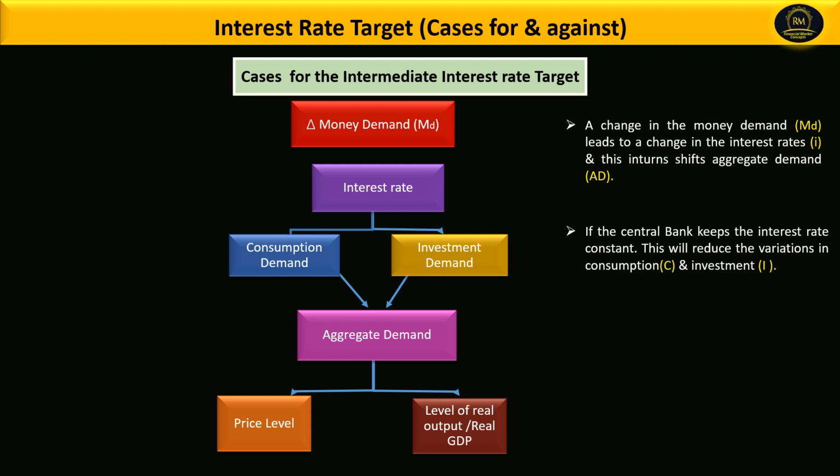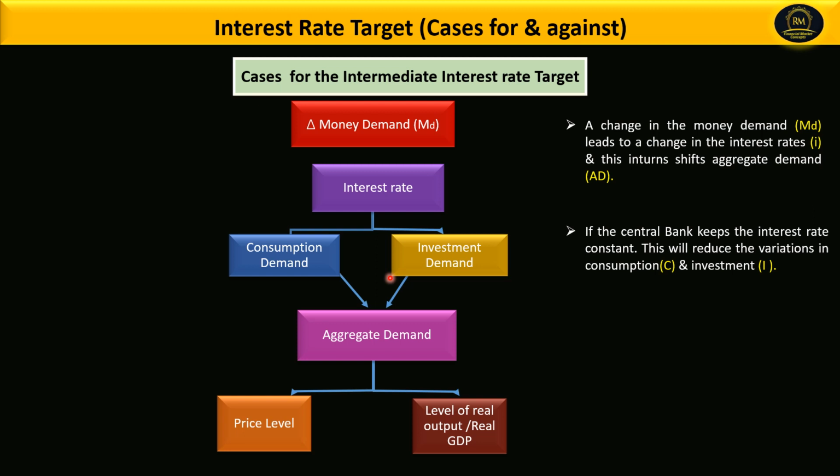Now suppose in the short run, if the interest rate falls, investment demand increases, aggregate demand increases, and in the short run, aggregate supply can also be increased. This is going to increase the real GDP or output in the economy.